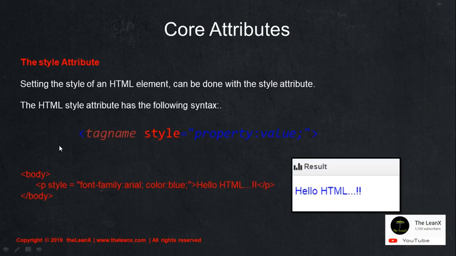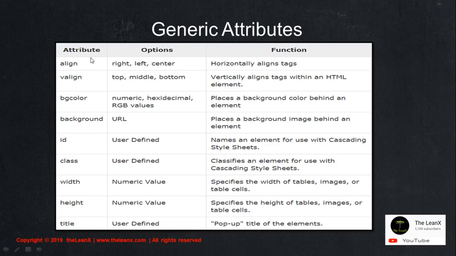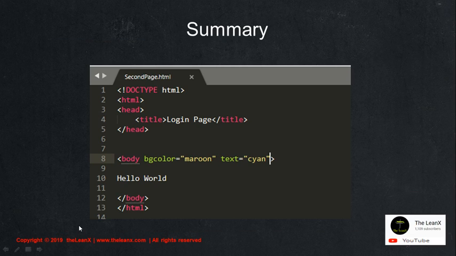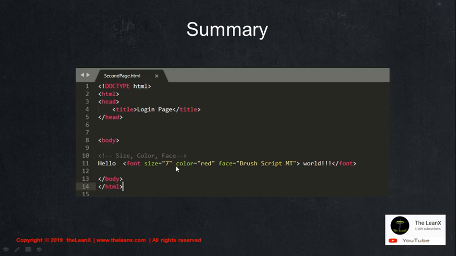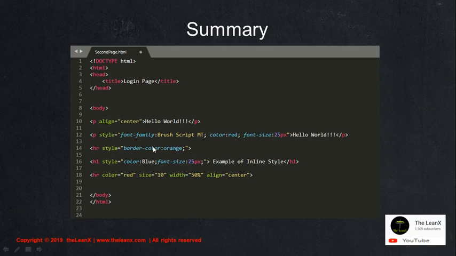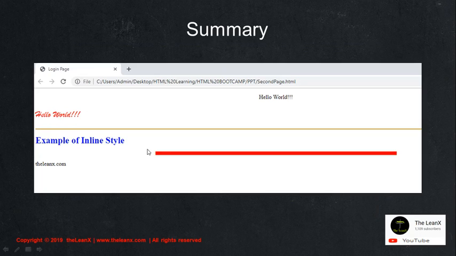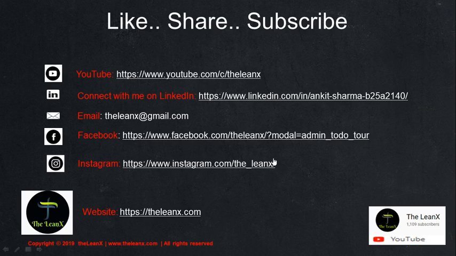All these things we'll be covering in a later session. General attributes, like we have seen align, bgcolor, background, width, height, and we have changed the color. We have seen a background image. We have seen how to use this font property. Then we have seen HR tag and other things.